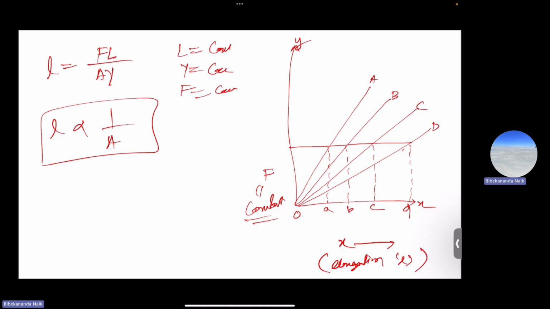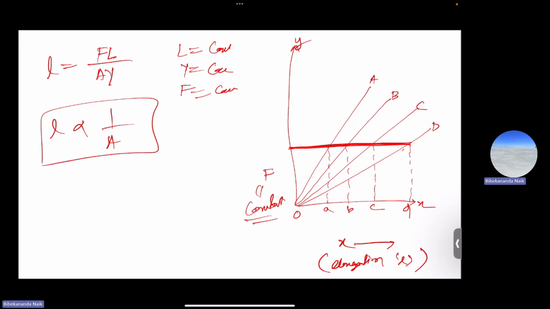Since we draw the horizontal line, on this line F is constant, so the final relation is that the elongation is inversely proportional to the area of cross section.